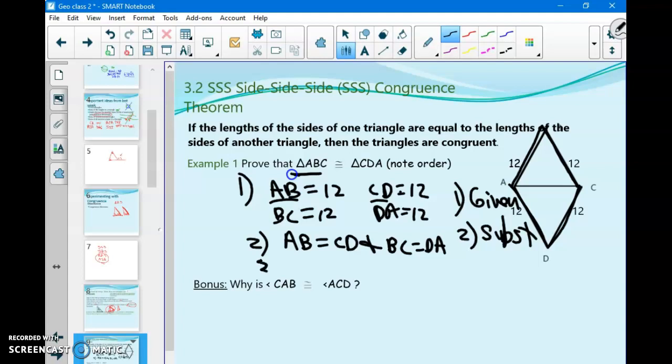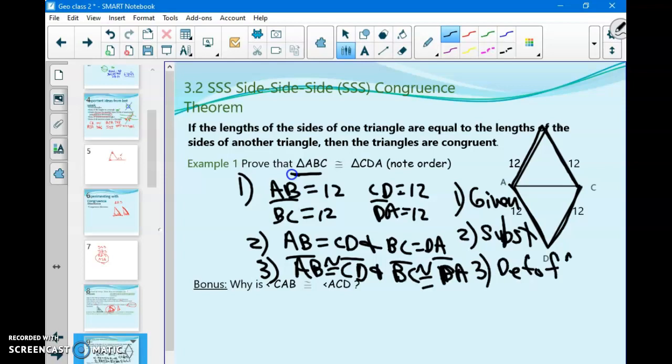And so if they are equal to each other, I can say that segment AB is congruent to segment CD, and segment BC is congruent to segment DA, and that's by the definition of congruent segments. If they are equal, then they will be congruent. If they're the same length, then they would lay on top of each other.